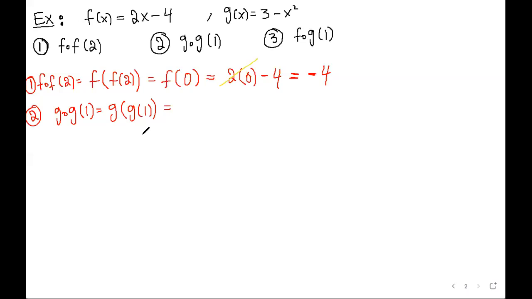So again, you plug the 1 inside the function g. What do you get? 3 minus 1 squared. Yeah, so 2. So g of 2, right? Okay. Then you plug the 2 inside the function again.